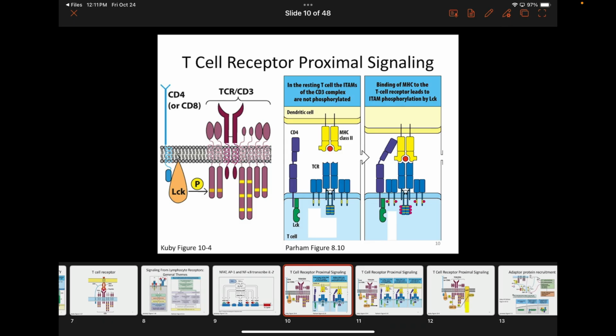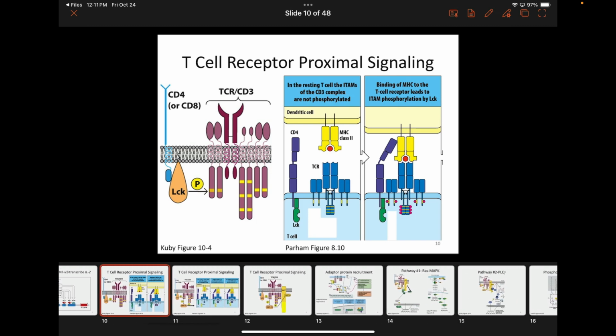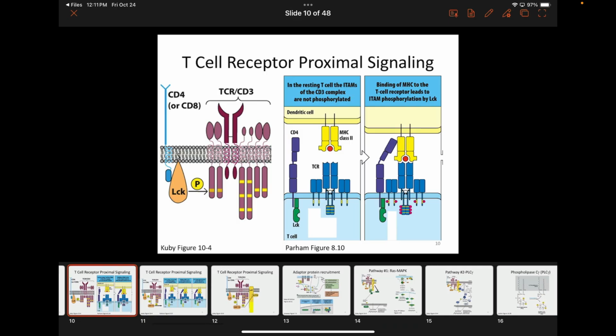A kinase is an enzyme that phosphorylates things. This kinase specifically phosphorylates tyrosines. ITAMs are full of tyrosines, so we get phosphorylation on all of our ITAMs. And so you can see that here. And then we should think a little bit about what happens with our phosphorylated ITAMs.